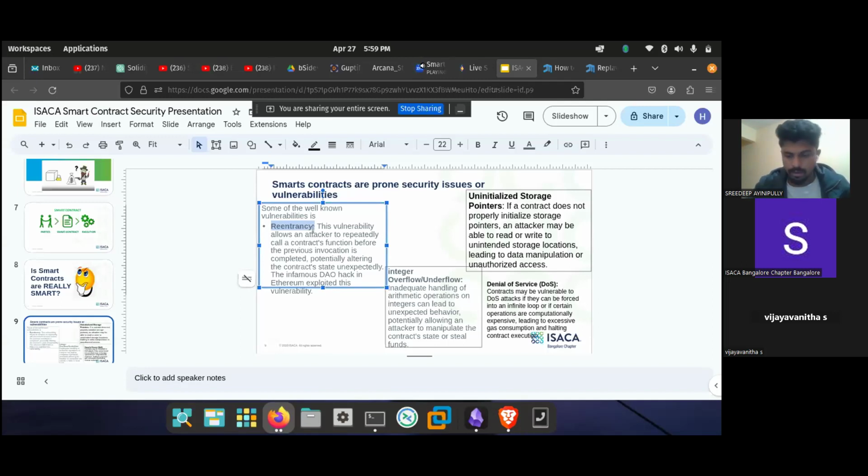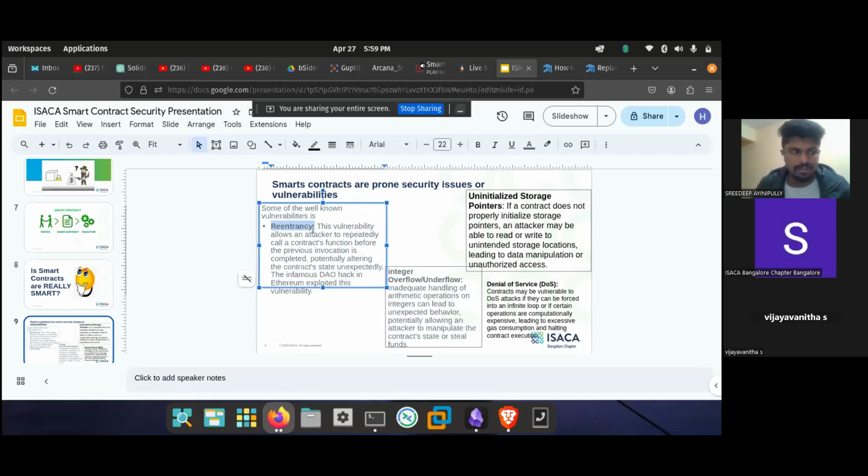Just to answer the question, re-entrancy is the vulnerability the hacker used and exploited. At that time Ethereum was having a good market on blockchain, and after this hack, Ethereum was split, because of the intensity of the attack.